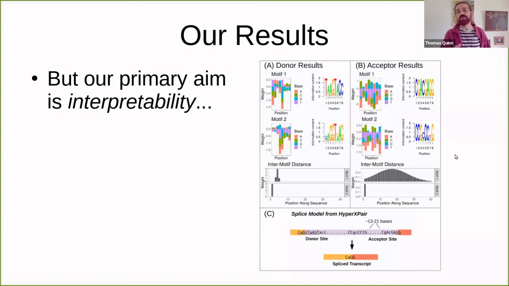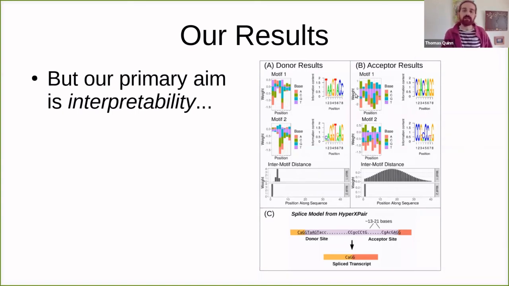But the real point of this model, our intention in designing it, was to use neural networks and machine learning to generate hypotheses about the biology. And indeed, here we have in these results an implied hypothesis: the presence of these 2 motifs separated by this distance is involved somehow in splicing.